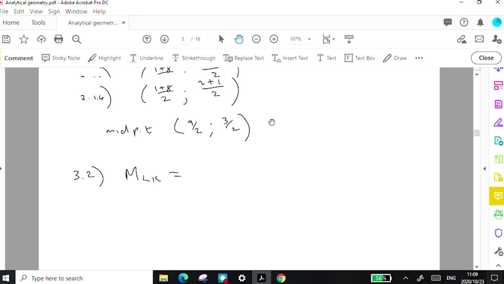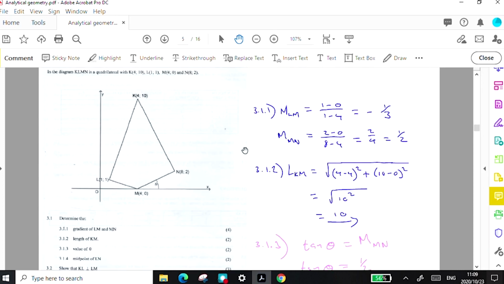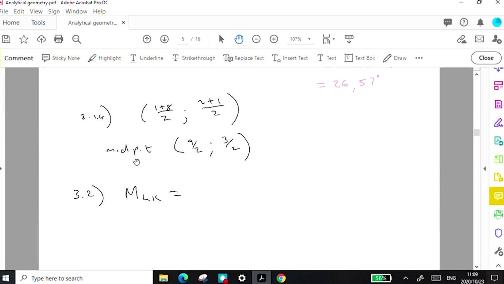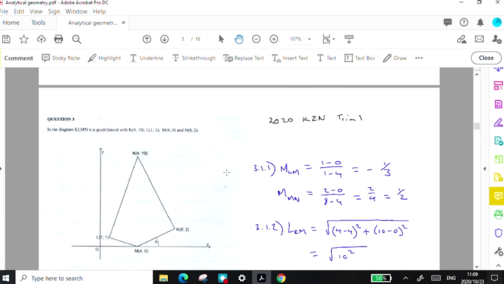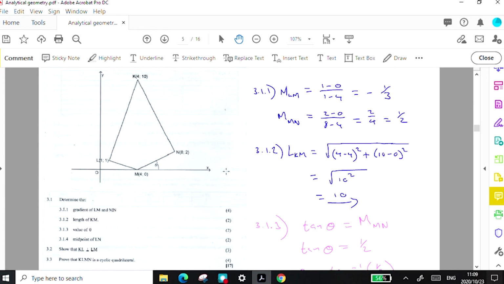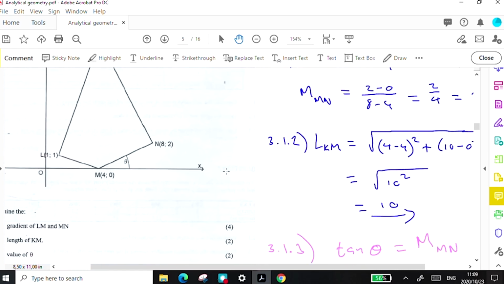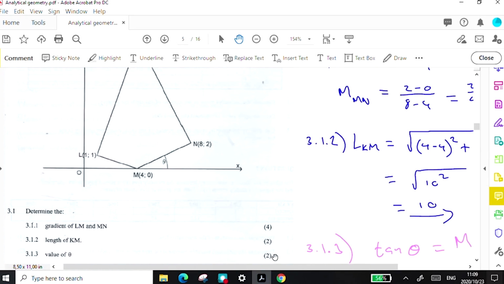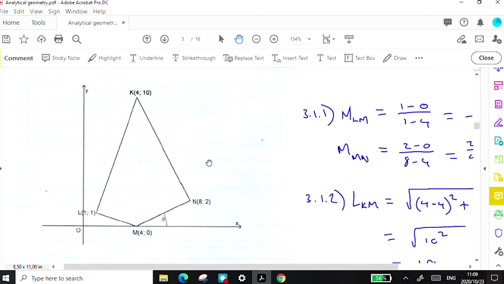And this is equal to change in y (10 minus 1) divided by change in x. Change in x is 4 minus 1.